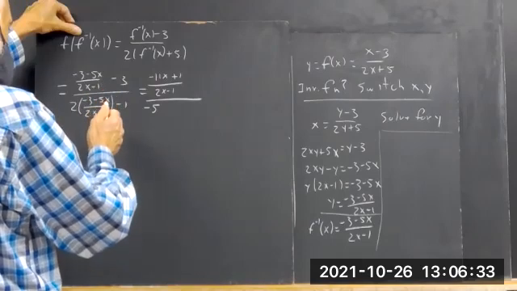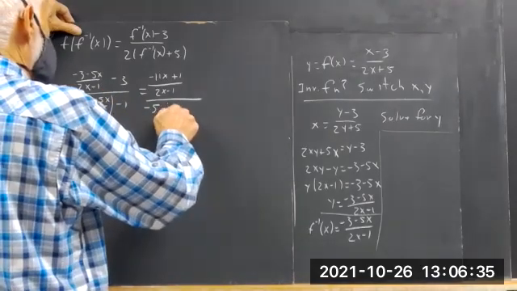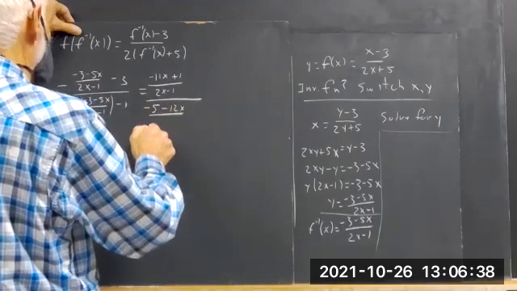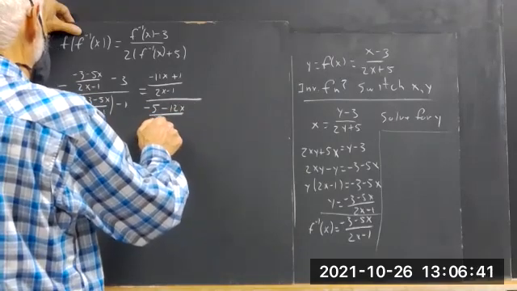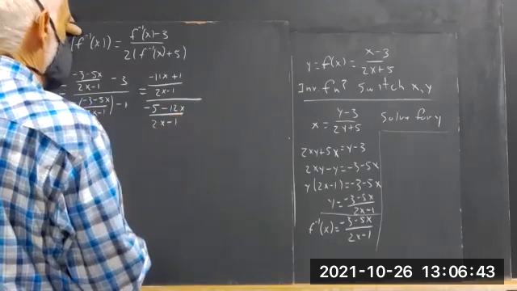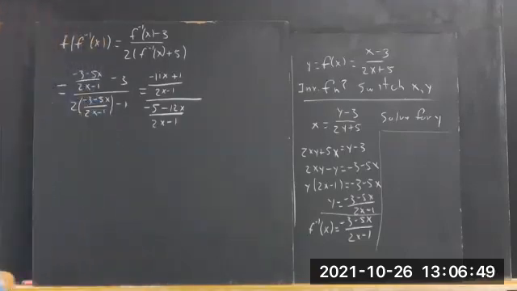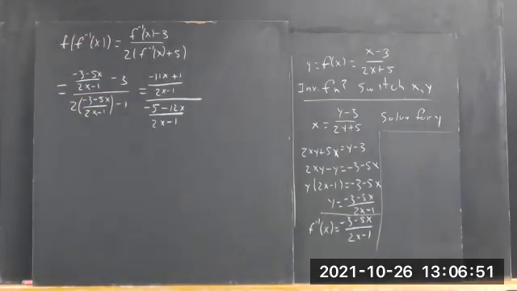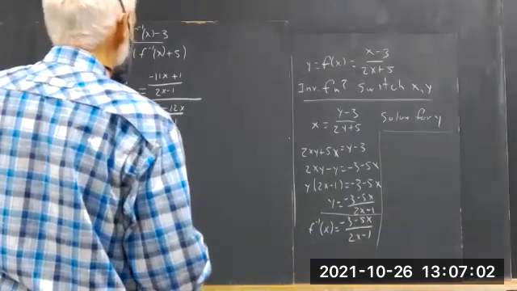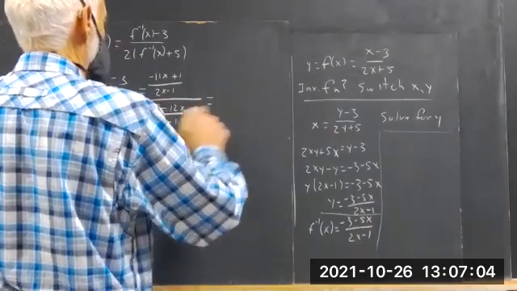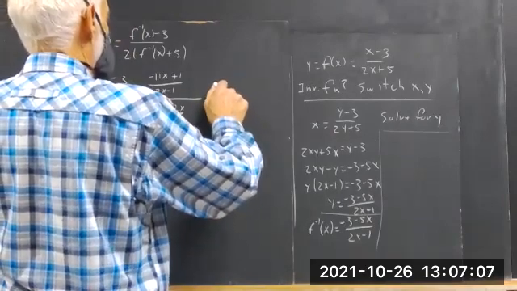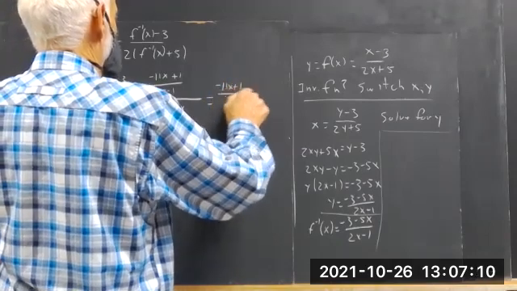You have negative 10x minus 2x, negative 12x over 2x minus 1. And that's not going to exactly work out. I need to subtract these.